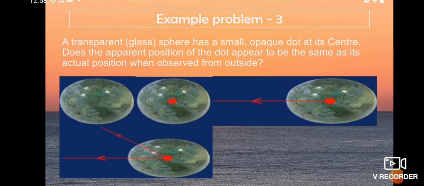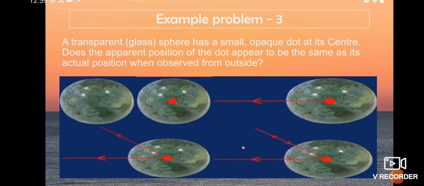So here the two rays are not going to meet at any point. If you extend the refracted rays in the backward direction, they may meet at one point.